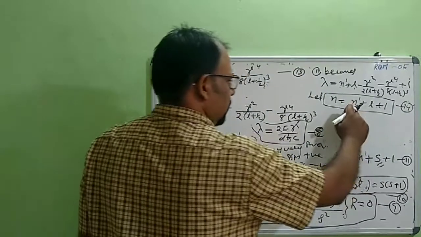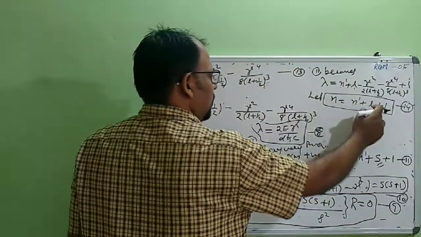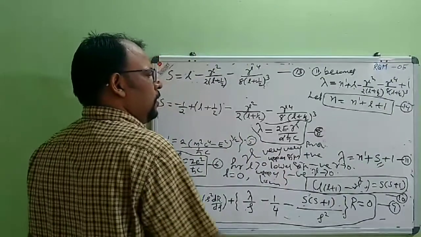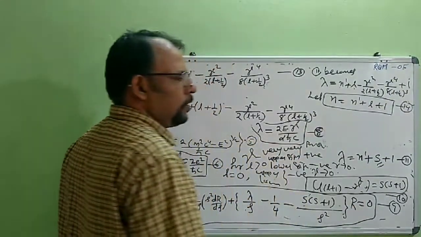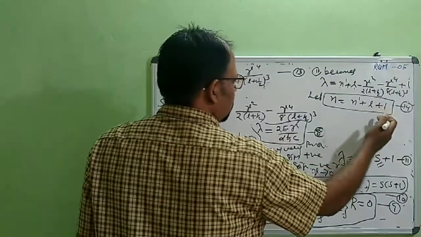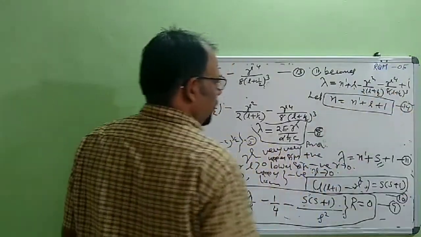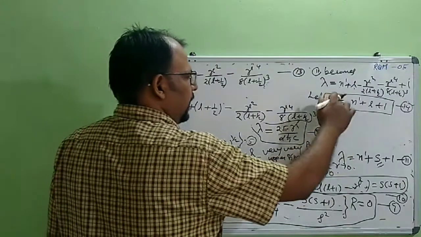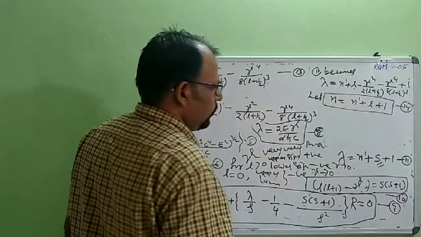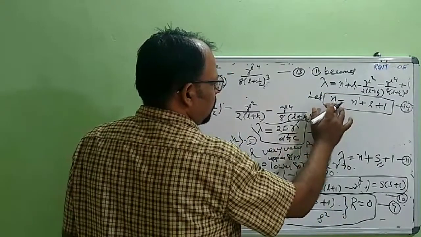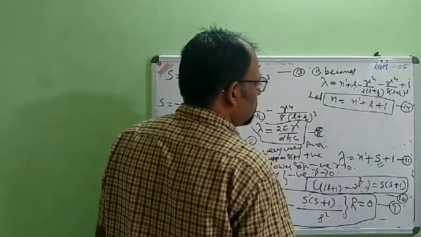N dash is called a radial quantum number, L is orbital quantum number, and n is called a principal quantum number. L can take positive values, n dash can take positive values. So n will be having positive values. N is called a principal quantum number, n equal to n dash plus L plus 1.